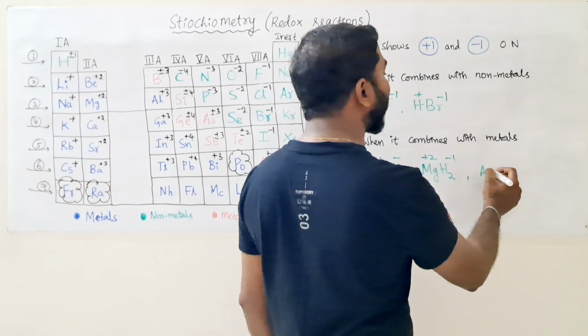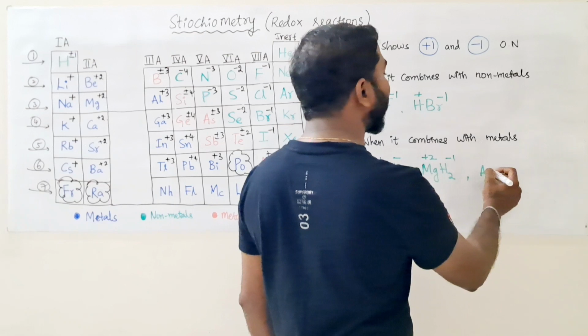Hope you understood. Next, when we think about the oxidation number for an element, we can have two possibilities: the minimum oxidation number, or general oxidation number as we say, and the maximum oxidation number. What does it mean? For nitrogen, the minimum or general oxidation number is -3, whereas its maximum oxidation number is +5 because its group number is 5A. So nitrogen can have an oxidation number from -3 to +5.